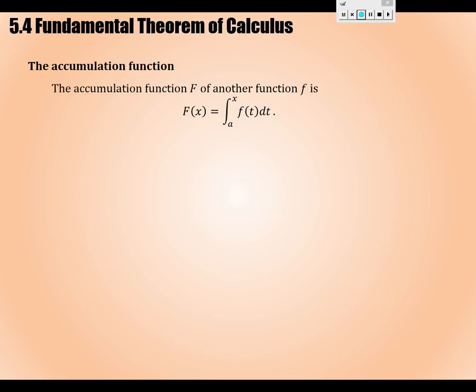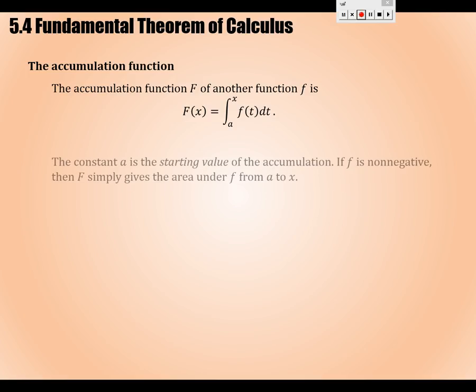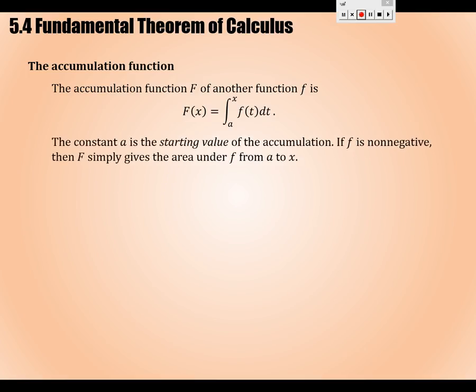Do you see how this is in fact a function of x? Can you see why an accumulation function is a good name for this thing? Because it's giving you the accumulation under the curve up to that point that you've decided.